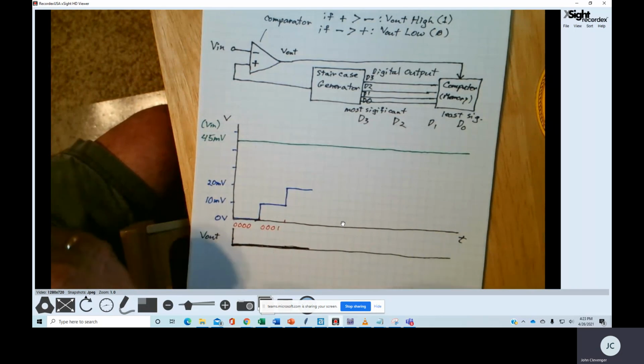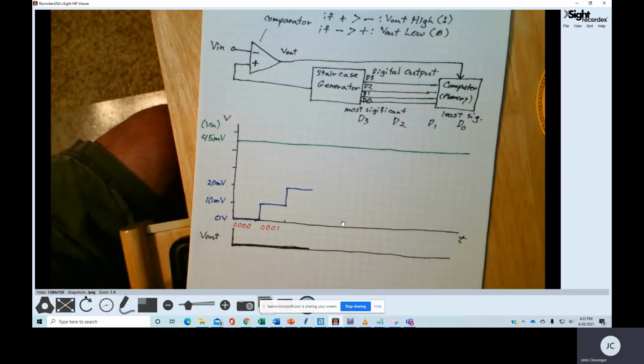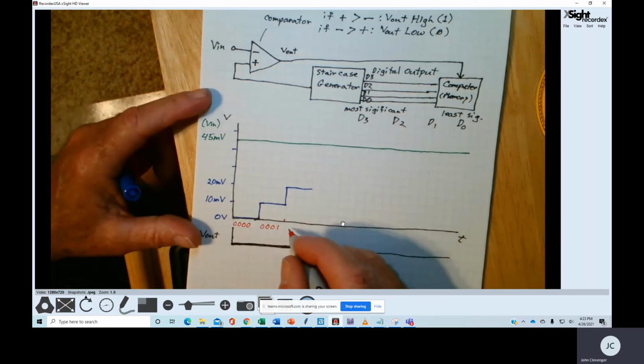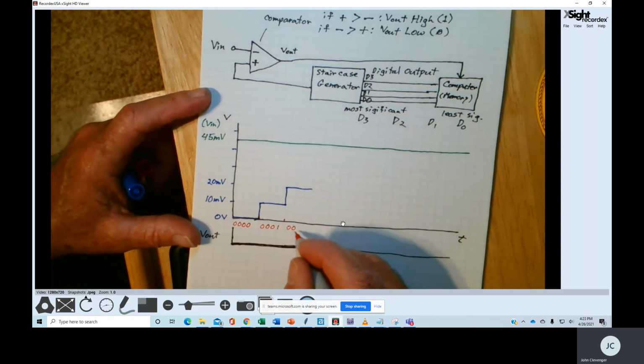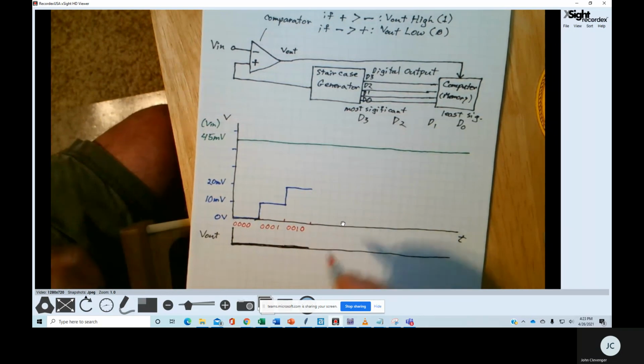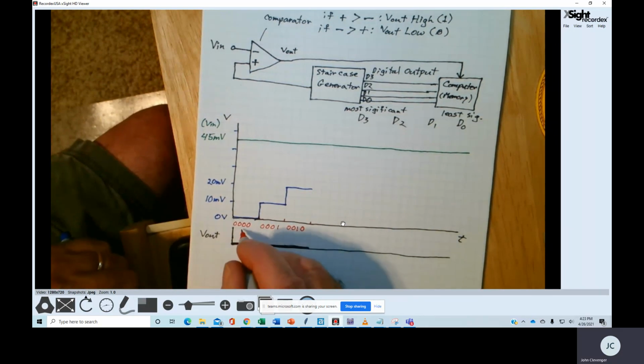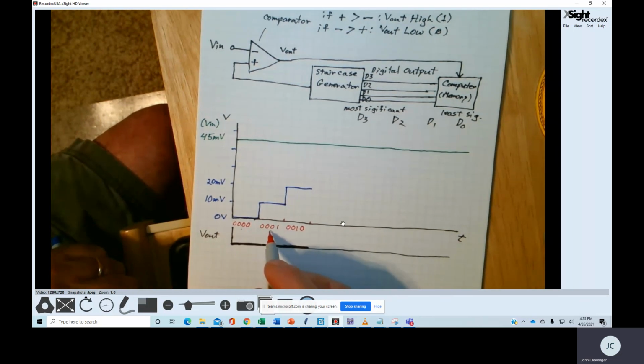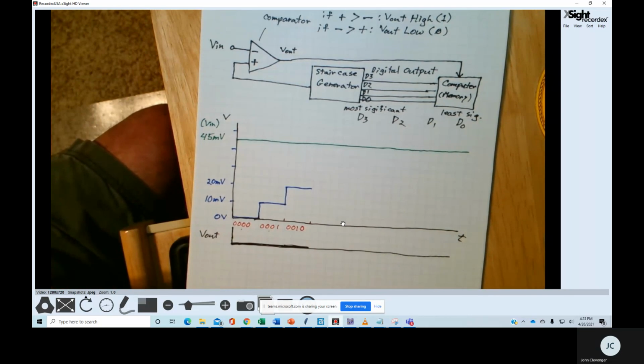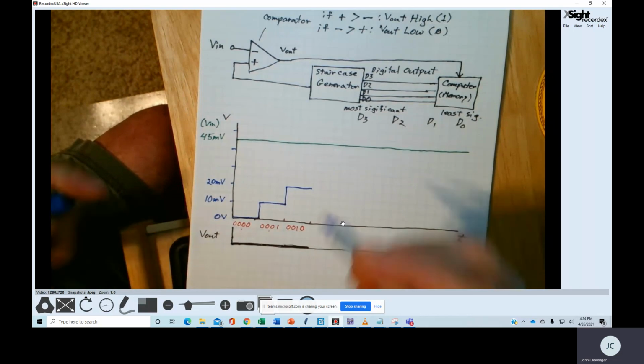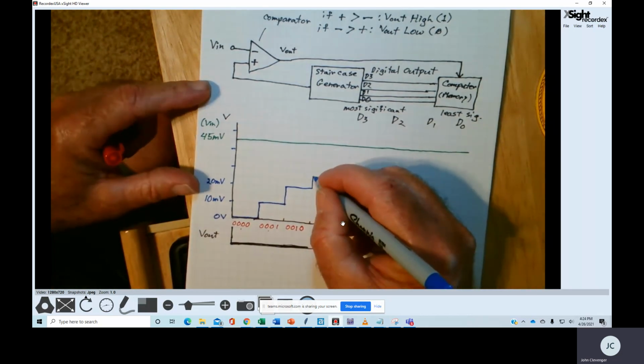Oh, I forgot to put my count down here. So now the count has gone to 0, 0, 1, 0. This is 0, this is 1, this is 2. And now the output of the staircase generator goes up to 30 millivolts.